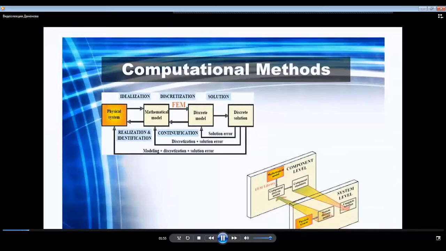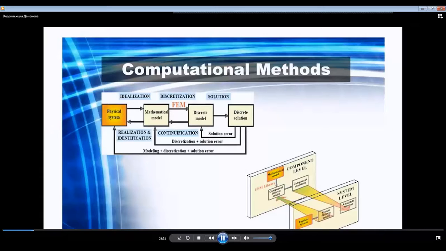Let's consider computational methods. With the aid of increasing computational power of microprocessors and parallel and distributed systems, science and engineering is more and more based on computer simulation.